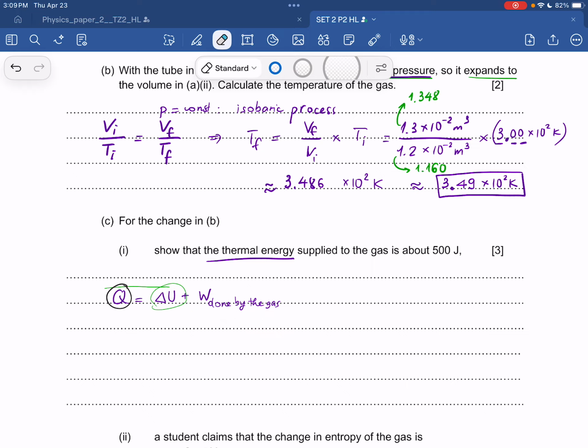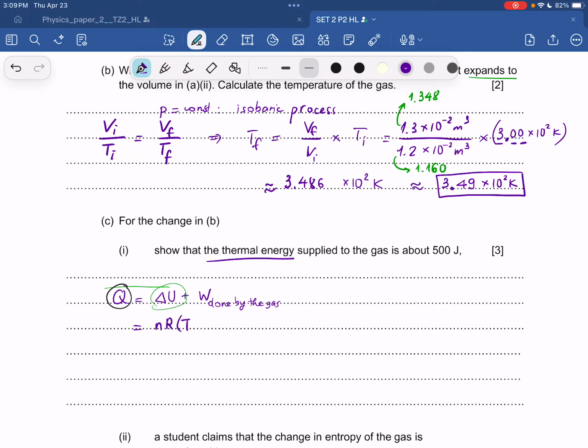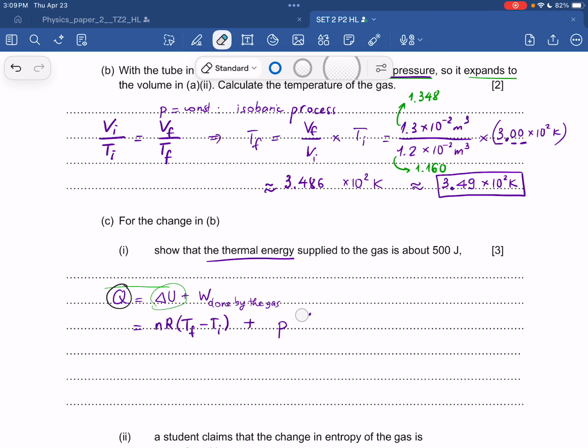We got the change in U to be nR, this is the T final that we just found minus the T initial, and then plus the work done by the gas. As pressure doesn't change, this one should be the pressure times the change in the volume. So we can also make it clear to be the volume final minus volume initial as well. Then just plug in the values.